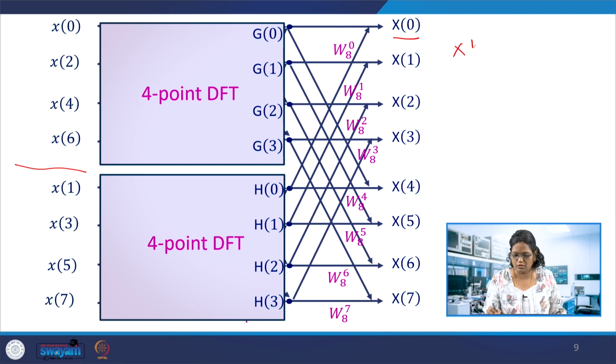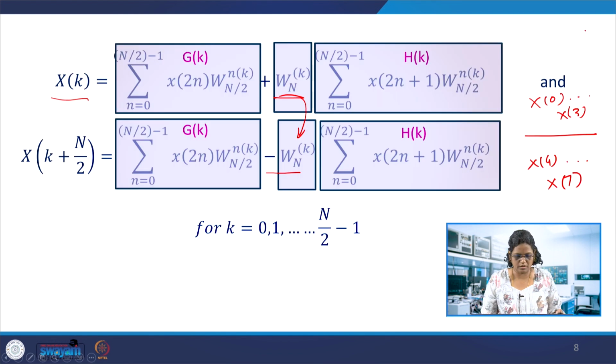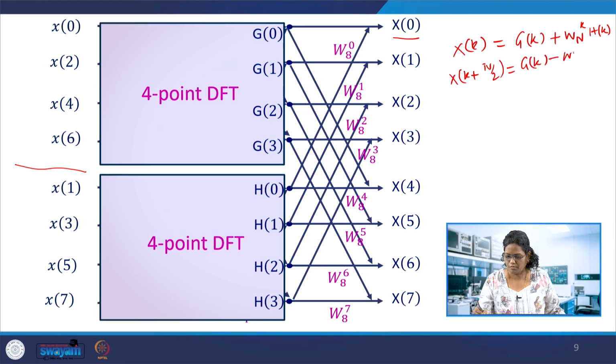So what we got is x of k equal to G of k plus W_N^k H of k, and x of k plus N by 2 is giving G of k minus W_N^k H of k.